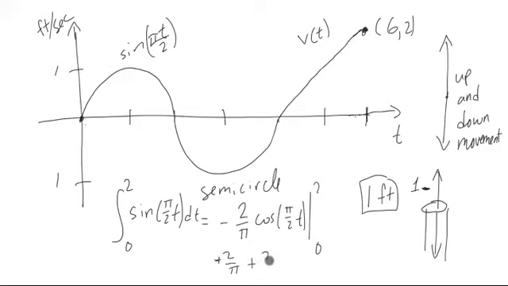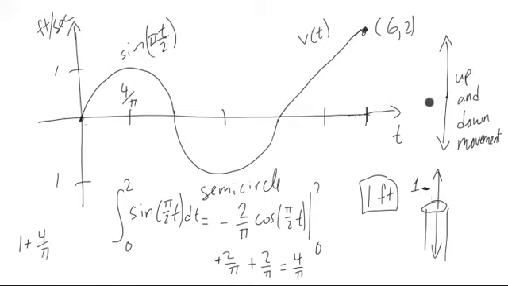So we have a plus 2 over pi. We simply end up getting 4 over pi for this first part. So it looks like we've gone up. We started at 1 foot, and we've gone up 4 over pi. So our object started at 1 and went up 4 over pi.